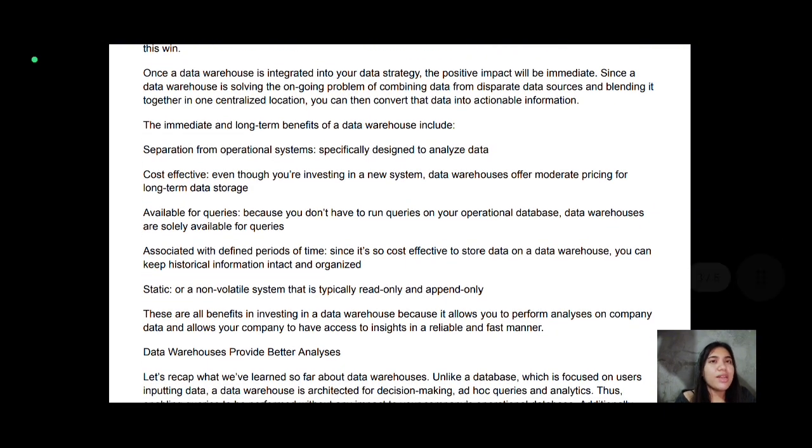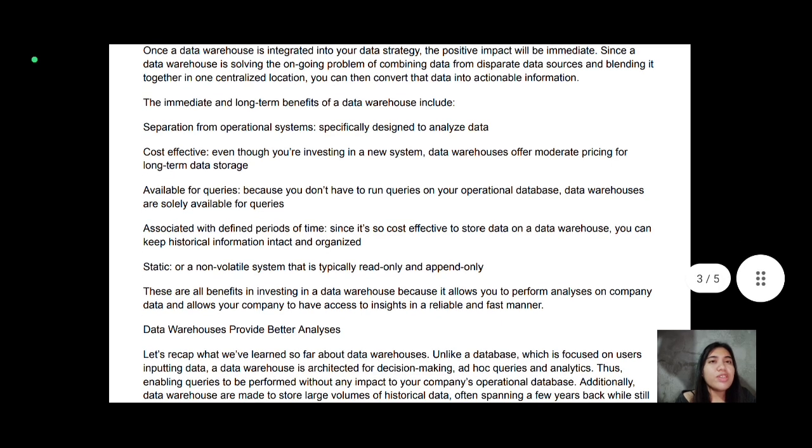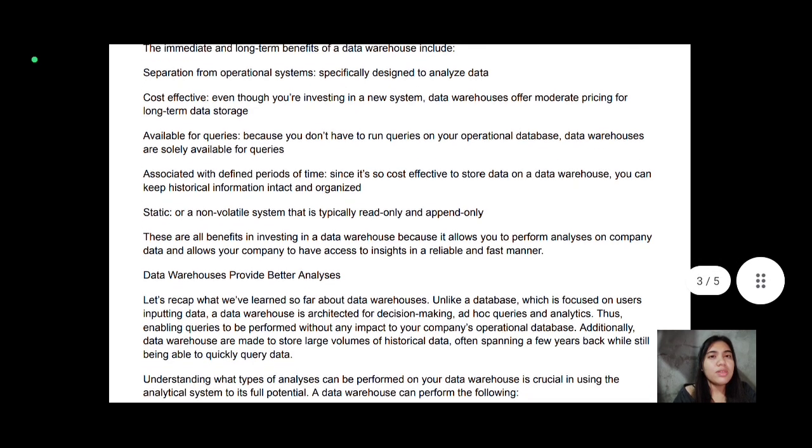The immediate and long-term benefits of a data warehouse include separation from the operational system, specifically to analyze data. Cost-effective. Even though you're investing in a new system, data warehouses offer moderate pricing for long-term data storage. Available for queries.